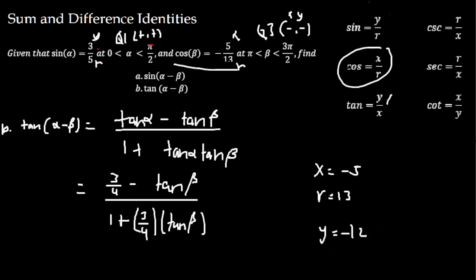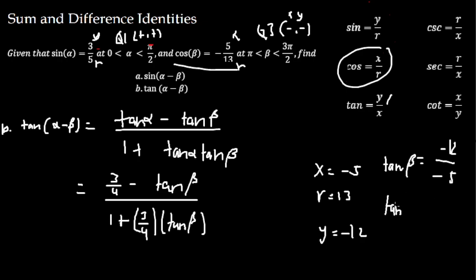There we go. Now we can solve for the tangent of beta, wherein tangent of beta is equal to y over x. Our y is negative 12 and our x is negative 5. Now simplify.